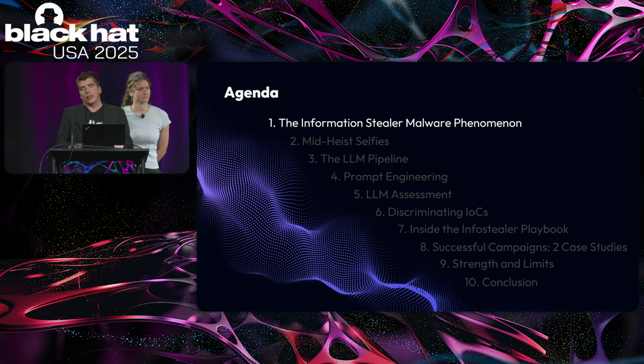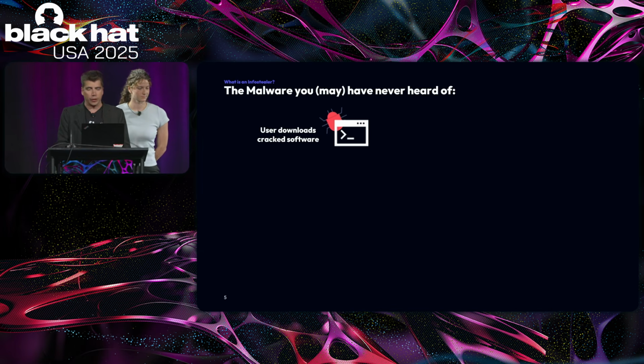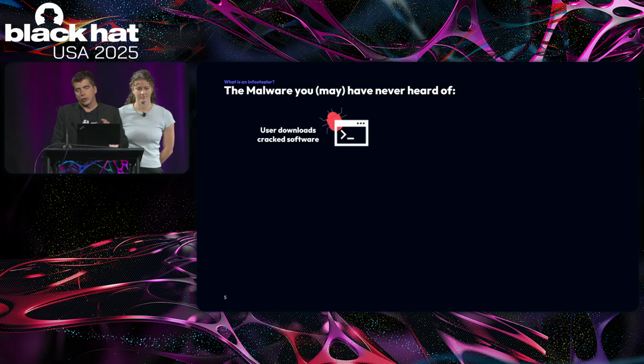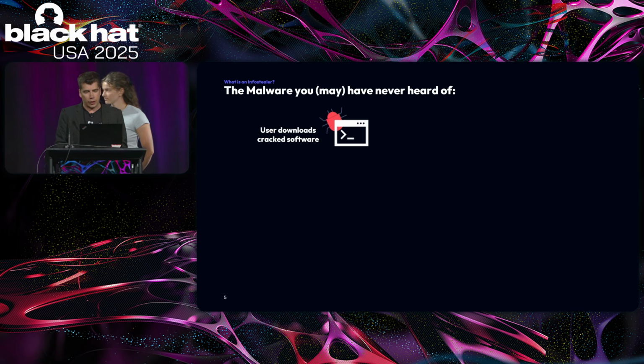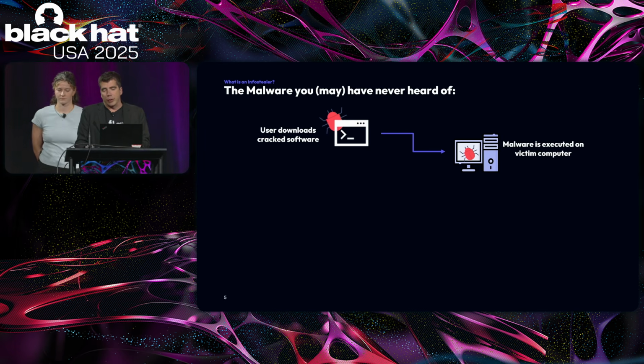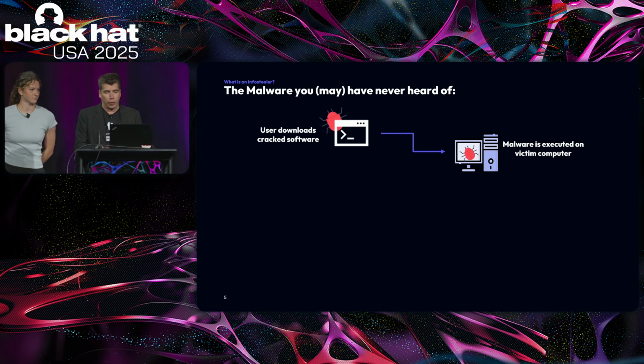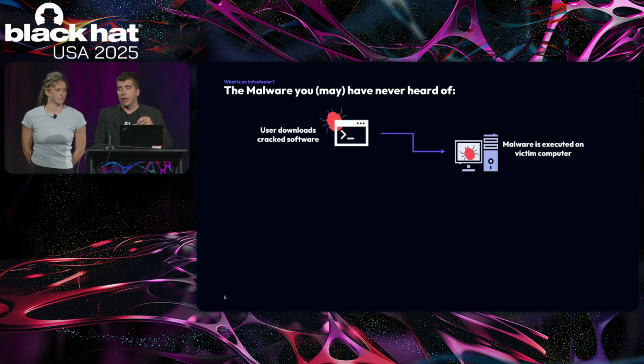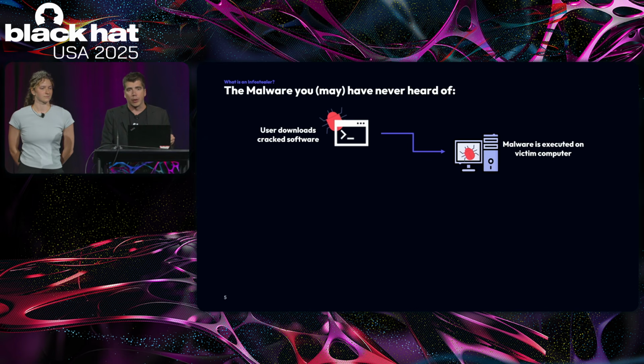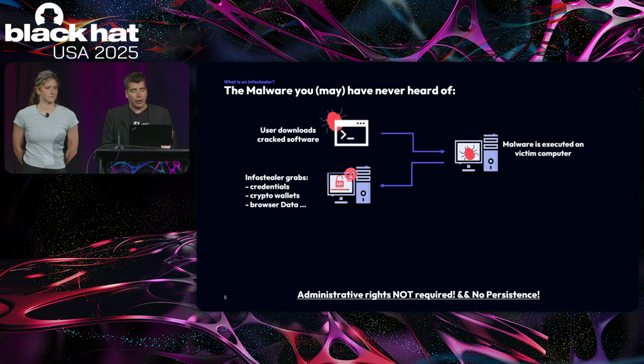So first, information stealer malware. What is it? What is the phenomenon? So a user downloads a piece of malware, usually cracked software, sometimes something else, we'll see later. Then that piece of malware is executed on the victim's computer, and that malware, this is why we call them information stealer malware, steals everything that it can access on the computer.